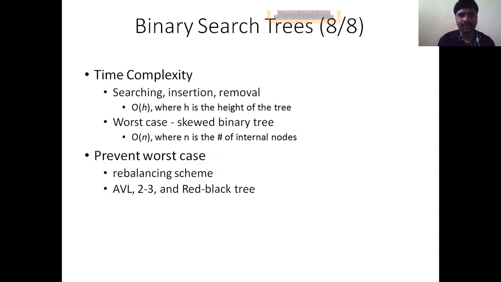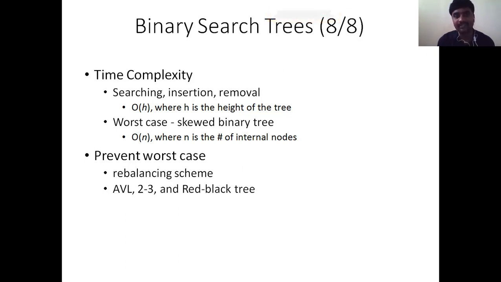Now time complexity: how can we calculate it? It is very important because when we have big trees with a very high number of nodes, processing delay, that is time complexity, matters. Searching, insertion and removal are O of h, where h is the height of the tree.